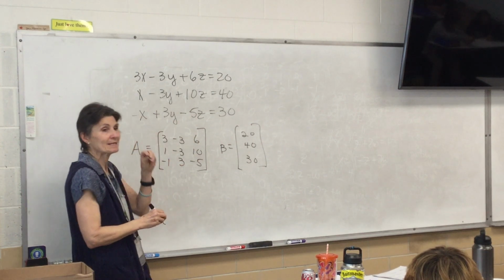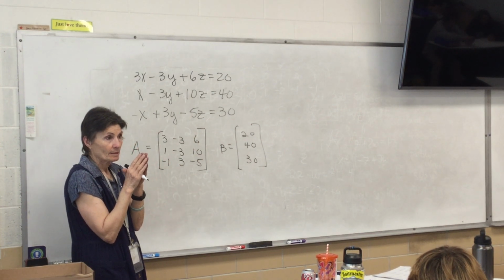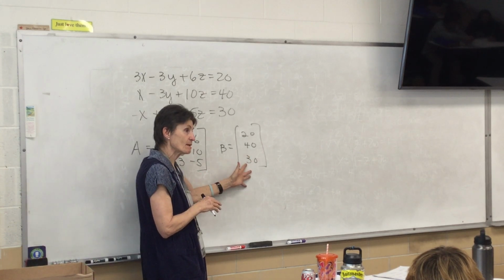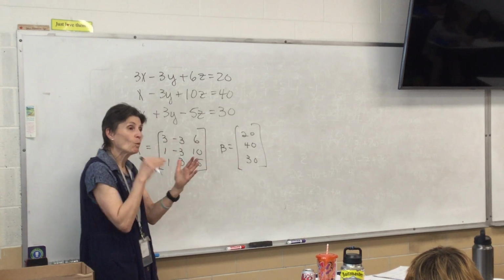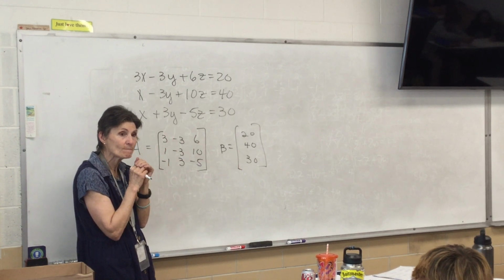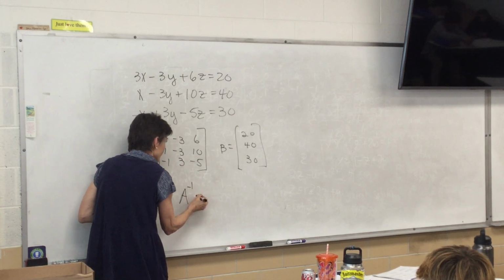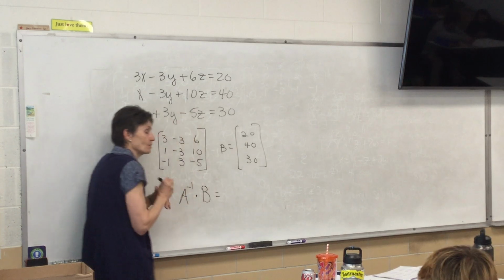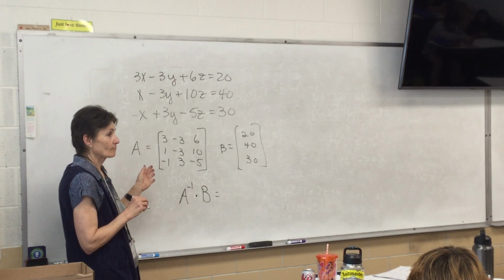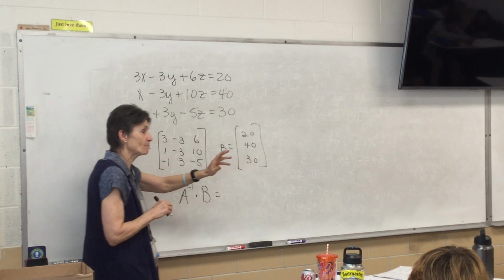If you're using the inverse method, this is what we do. So we're gonna put this in as matrix A, we're gonna put this in as matrix B. Then what are we gonna tell the calculator to do with those matrices? Do you remember? Inverse A multiplied by B. Exactly. This is gonna give us our answer. So we put in A, we put in B, 2 separate matrices.